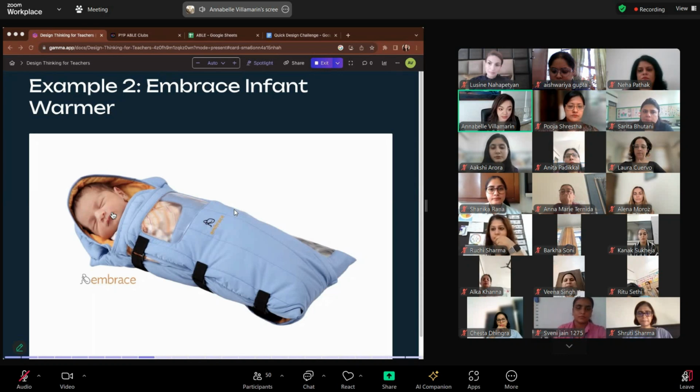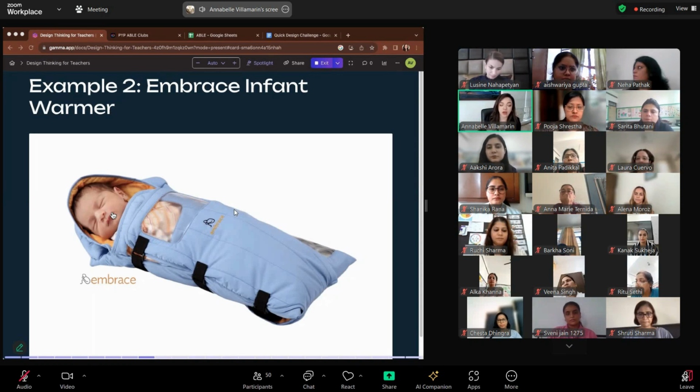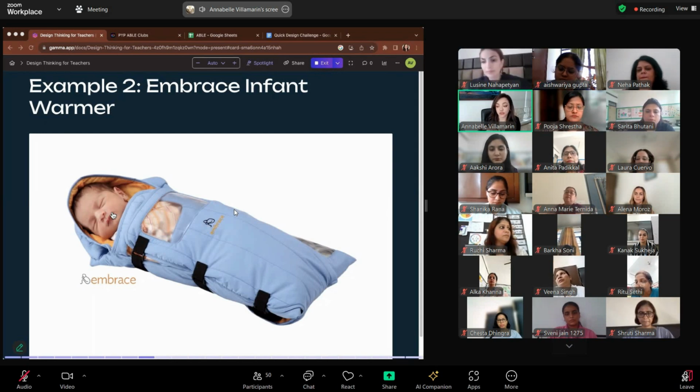They're very expensive and they're impractical if you go to the rural areas in India. So the company Embrace designed this, and of course collected feedback from the moms, and they were able to create this product, and they went through the design thinking process.